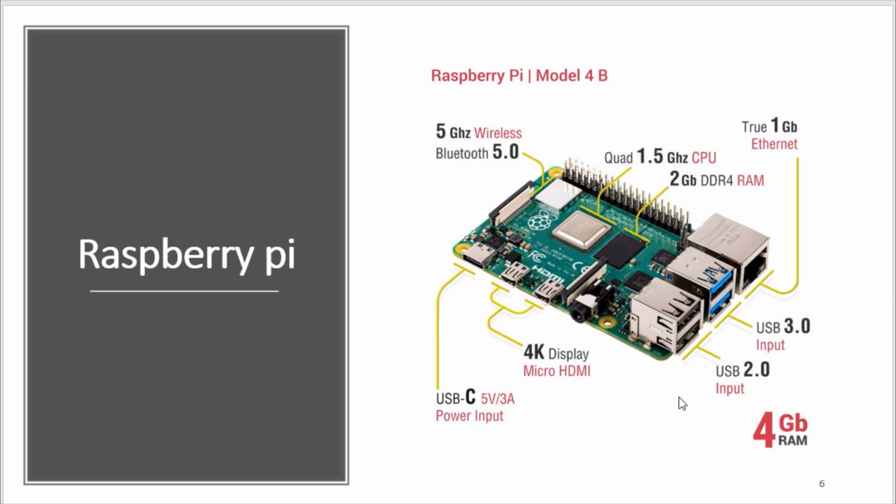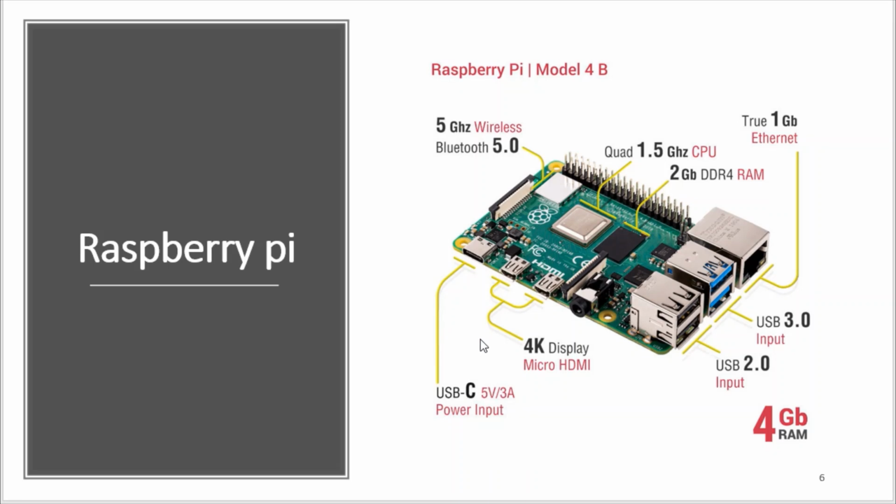The reason that I chose this model is that it has Wi-Fi connection, there are USB inputs here, and there is a GPIO that I use to control the house. Also it has 4K display micro HDMI. So let's continue.